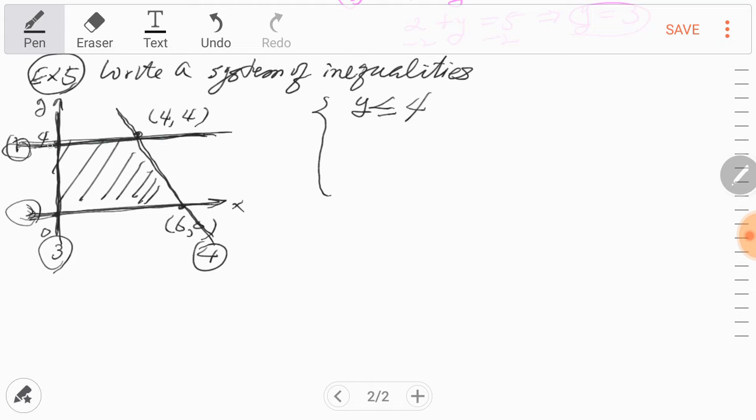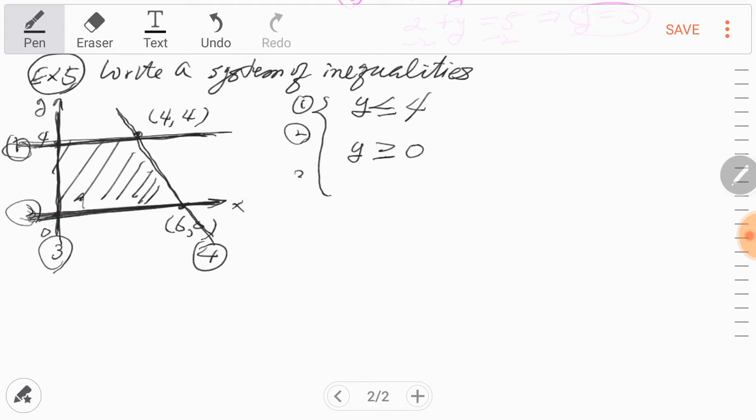For number 2, the x-axis is a horizontal line whose y value is 0. The area is above the x-axis, so y is greater than or equal to 0, with an equal sign because this is a solid line.